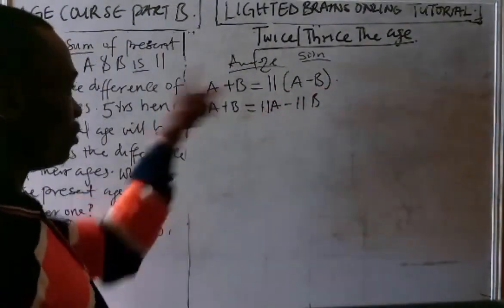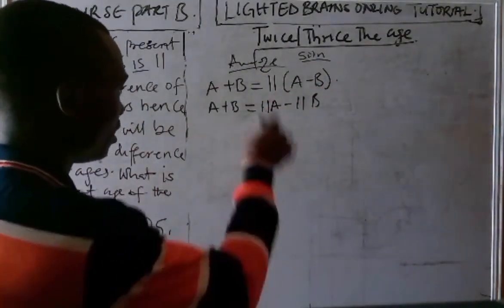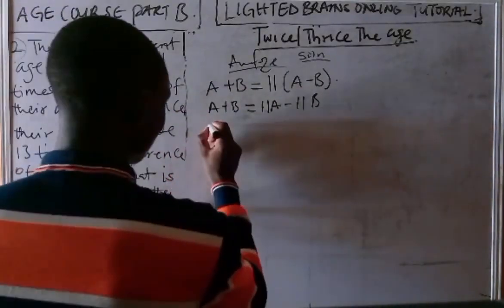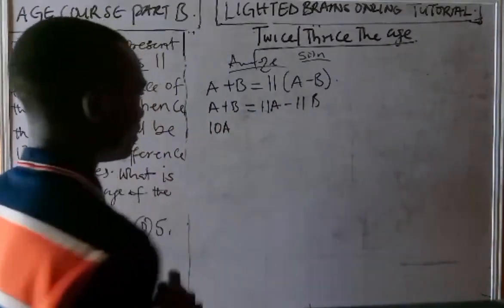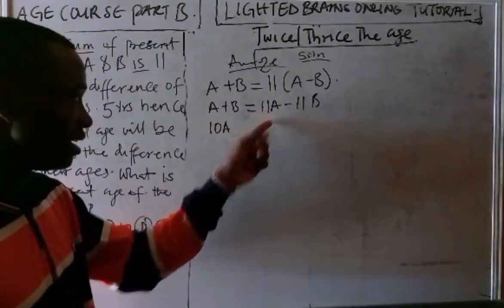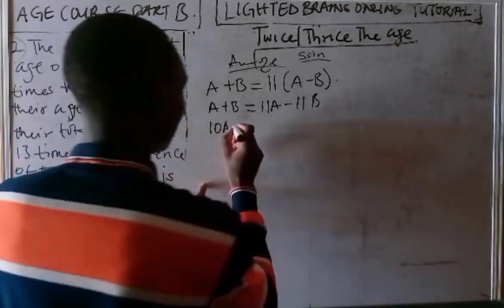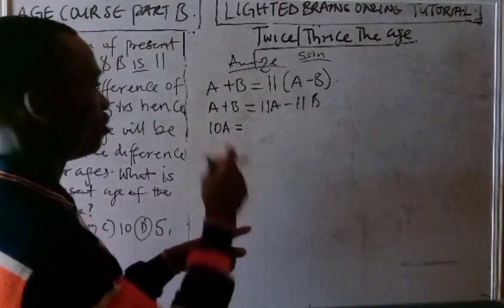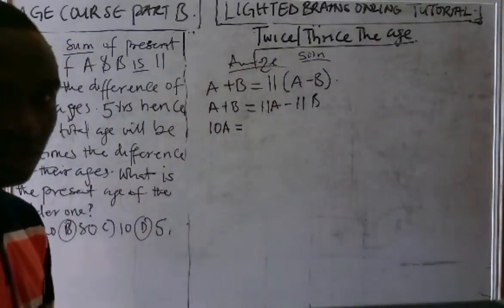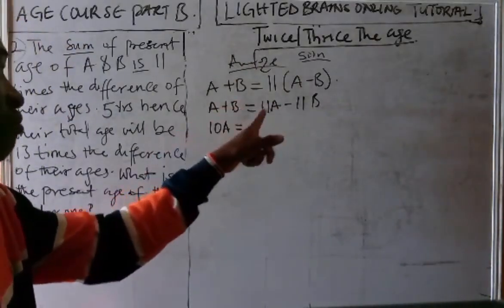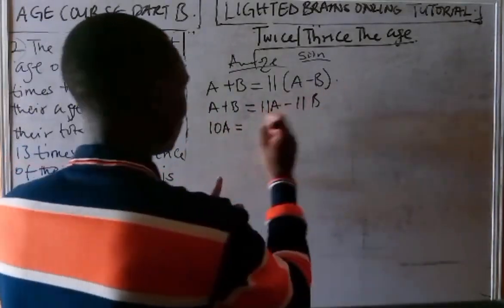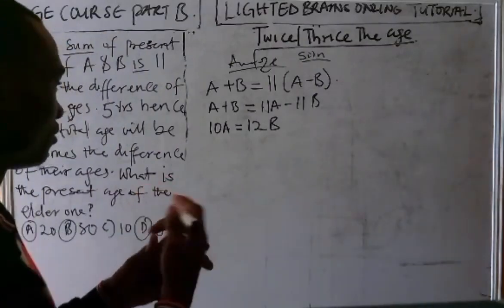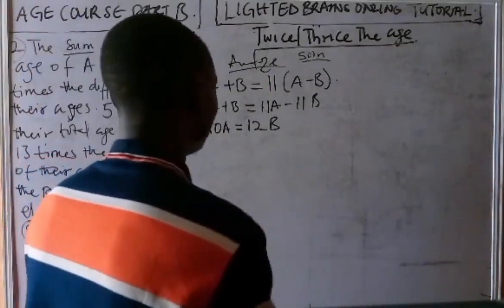Moving terms across, 11A minus A gives us 10A, equal to B plus 11B, which gives us 12B.